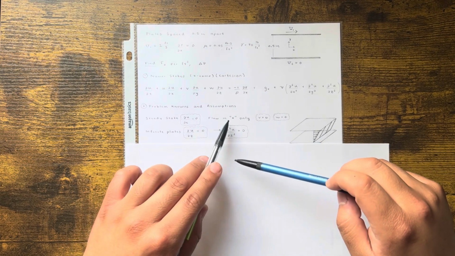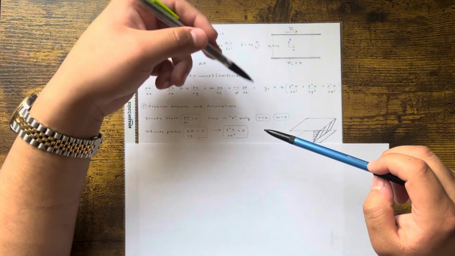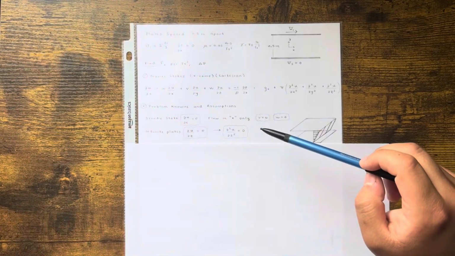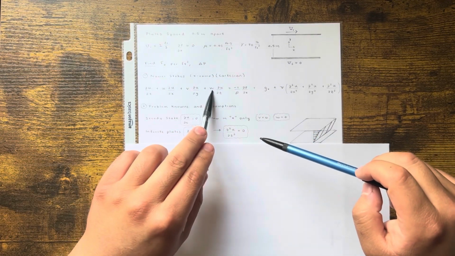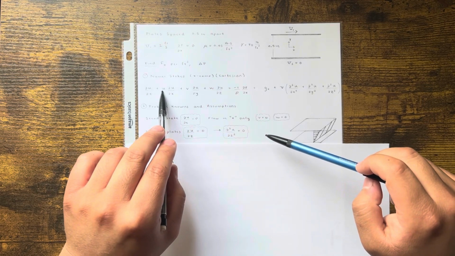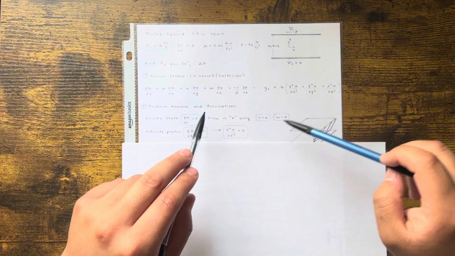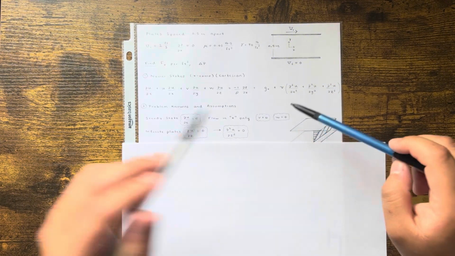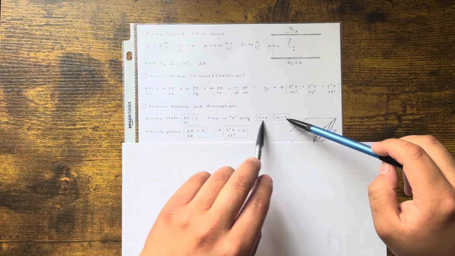The flow is in the x direction only. There's nothing in the y or into the paper, z, right? So that means v and w are 0. U is something, right? Because there is flow going in the x direction. This is x, y, z, okay? So that means v and w are 0.